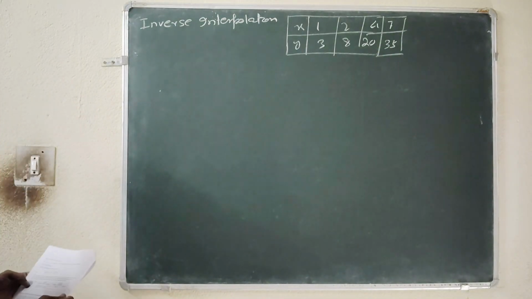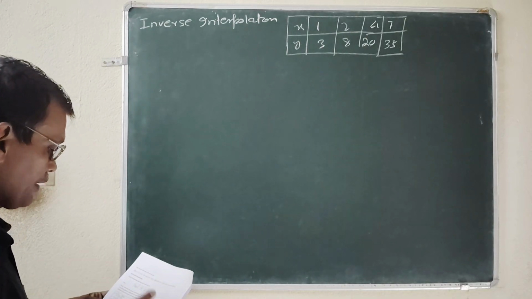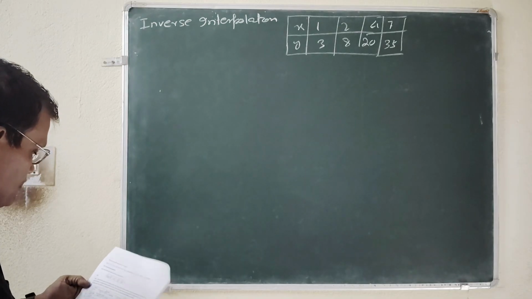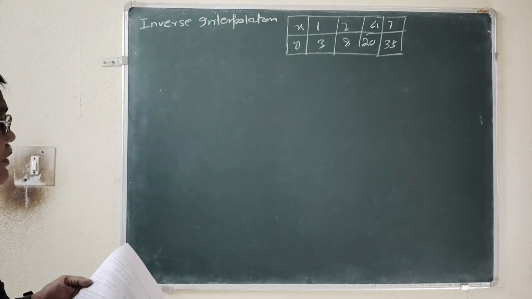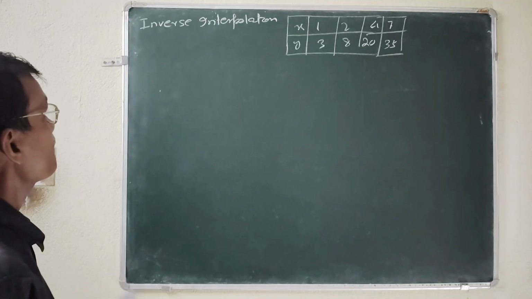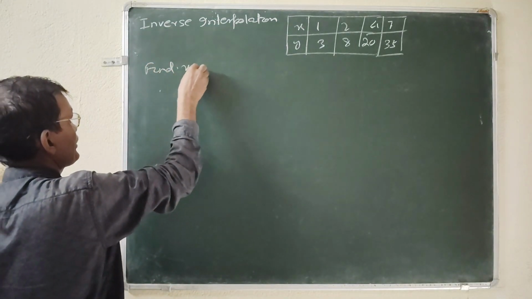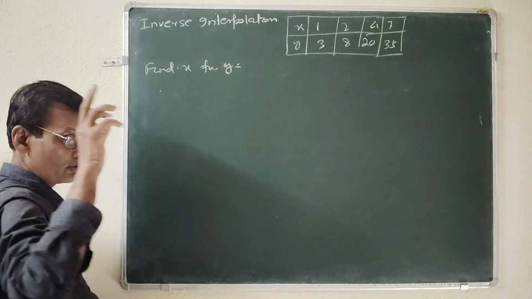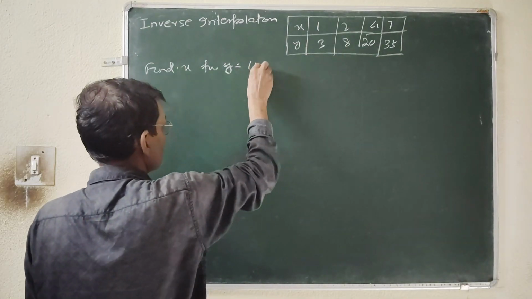Now the question is, we have to find the value of x when y will be given. Suppose, find x for y equal to something. The value of y should lie between 3 and 35. Say y is equal to 15.